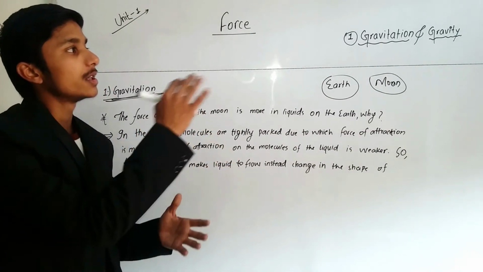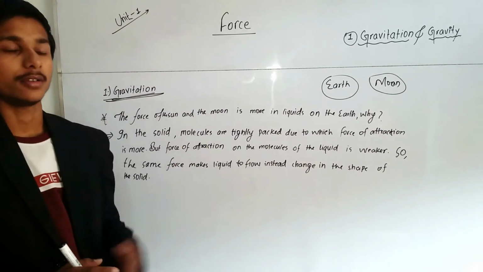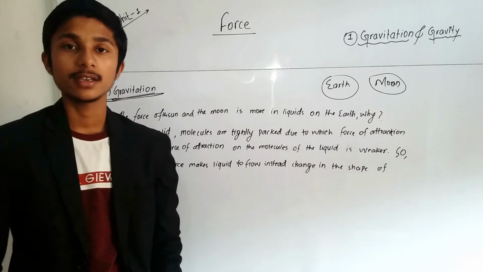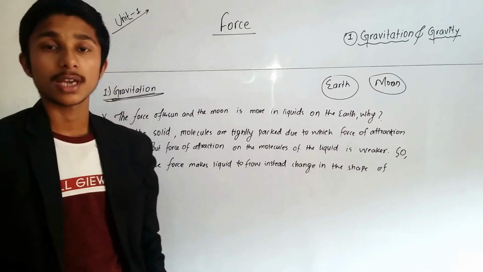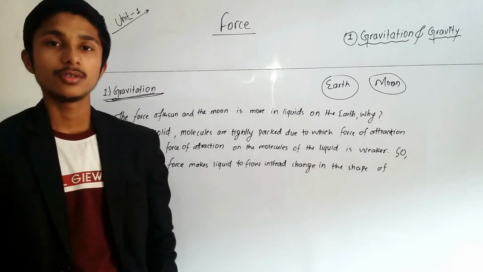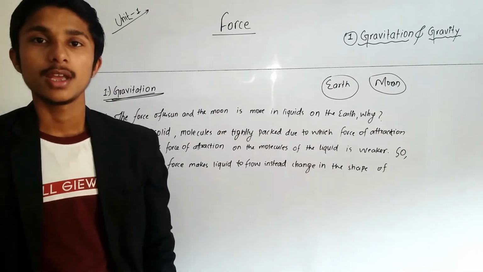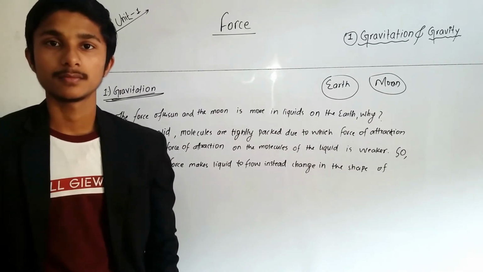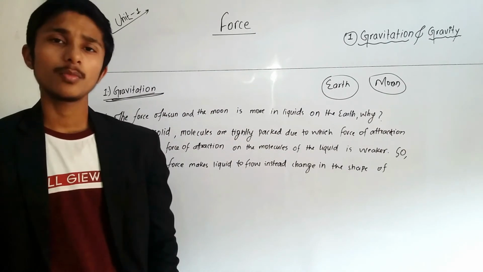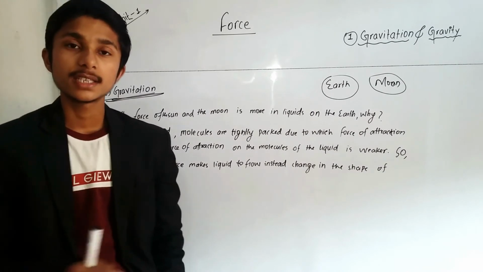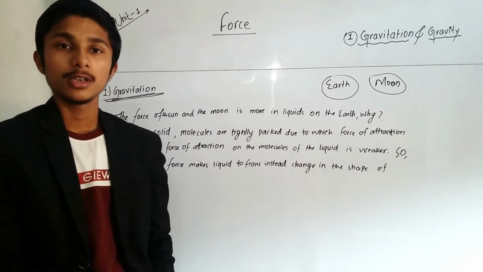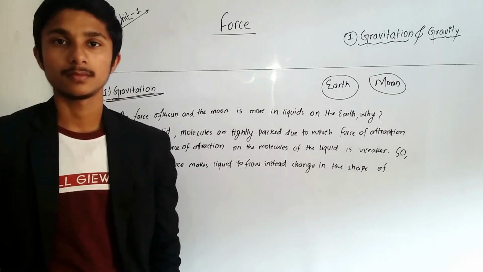Now we move to our next topic, that is gravity. You may know the story of gravity, how gravity was discovered. Newton was sitting under the apple tree and an apple fell on him, and then after he thought for a long time, he said that the earth exerts force on the apple in the downward direction.